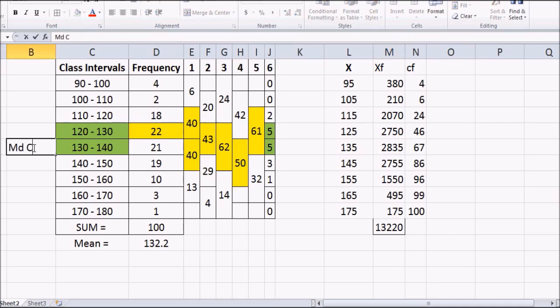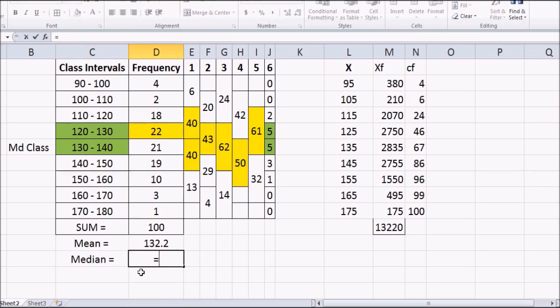Now for the median class, I need to calculate the median from this, using the interpolation formula for median.